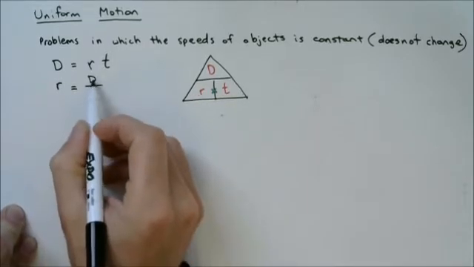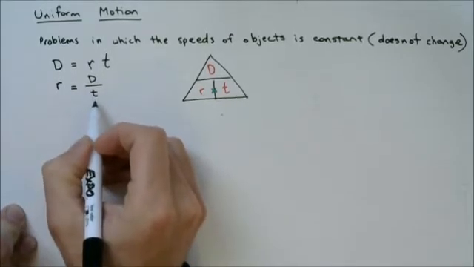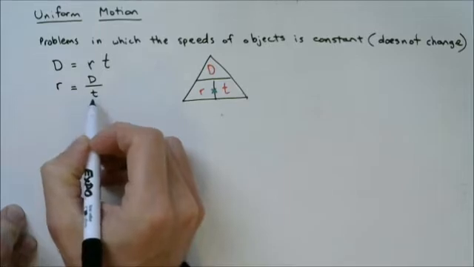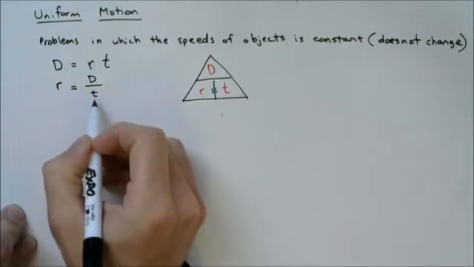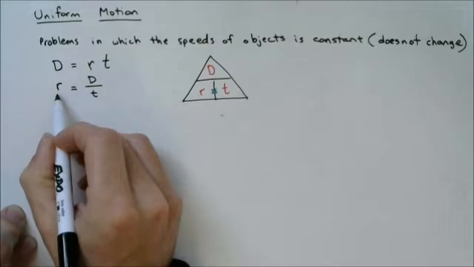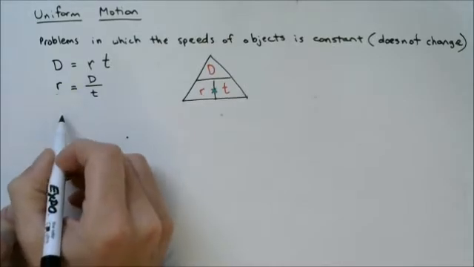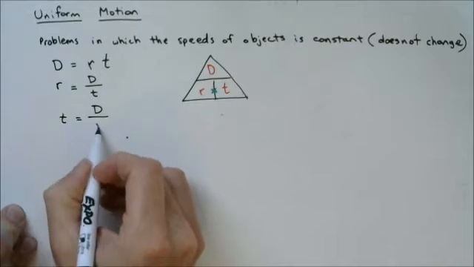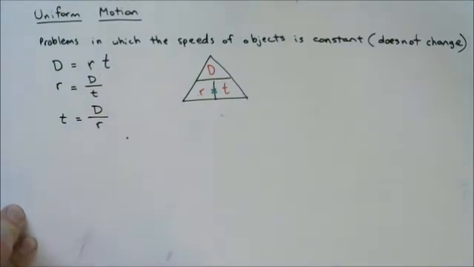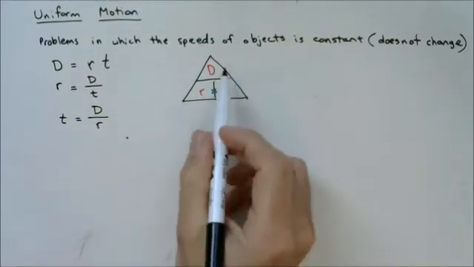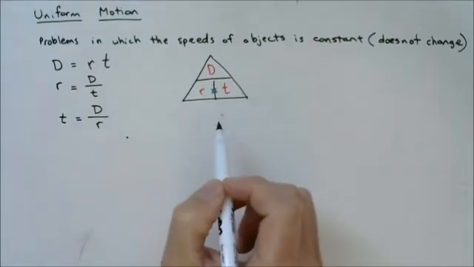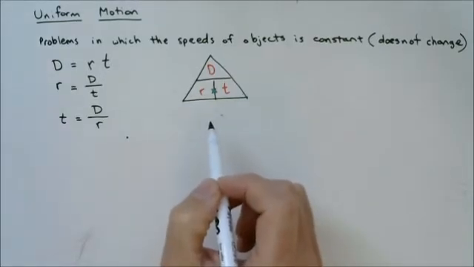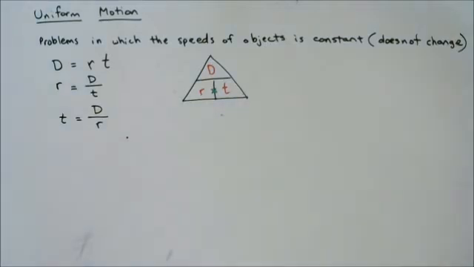So if you know the distance traveled, and you know the time it took to travel that distance, then you can just take your distance, divide it by the amount of time that you were traveling, and you'll get the speed that you were traveling. Same is true if we rewrite in terms of t. It's d over r. So go ahead and write down that fact family. Draw the triangle there. That's going to be really helpful as you're working through these uniform motion problems.